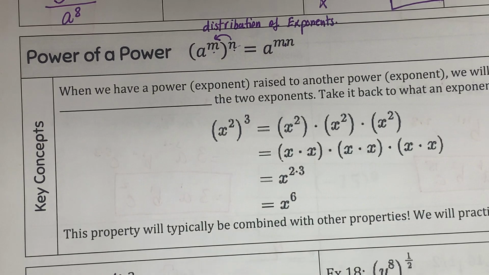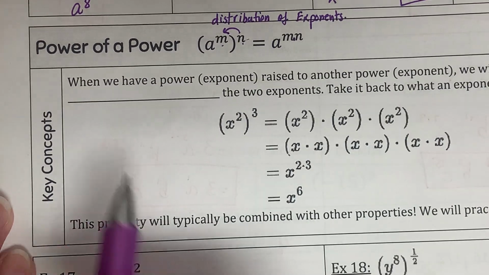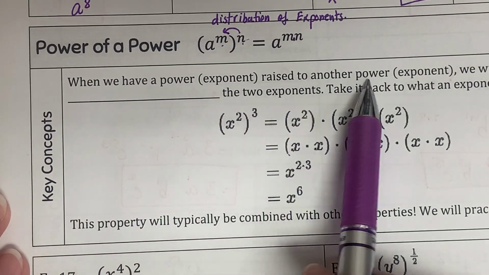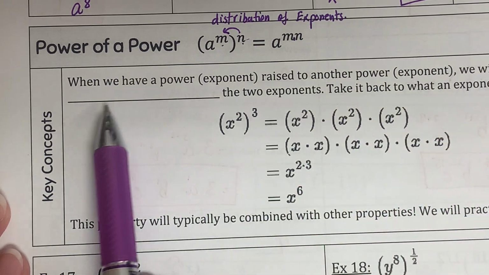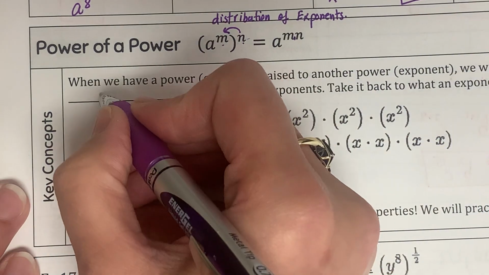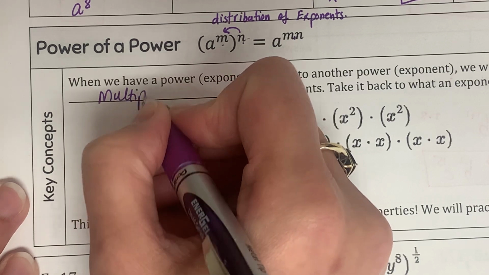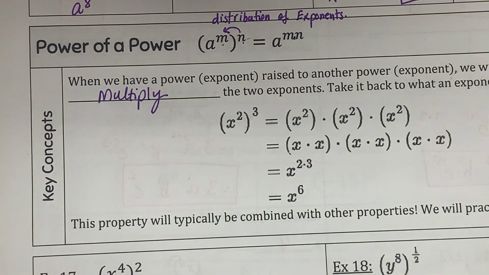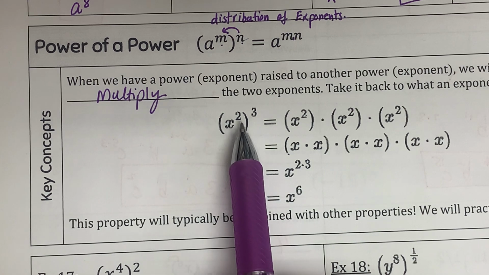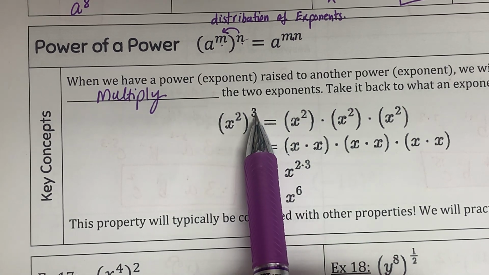So these are easier examples. It's not that tricky. When we have an exponent raised to another exponent, we multiply the two exponents. So x squared has a power of cube.